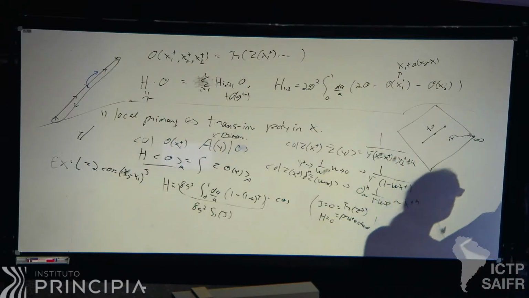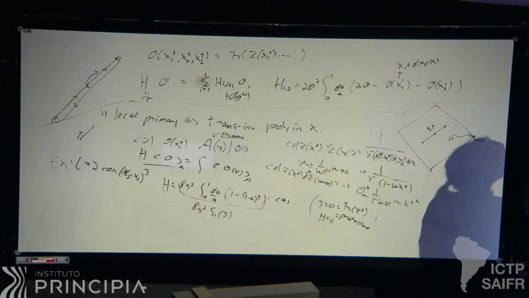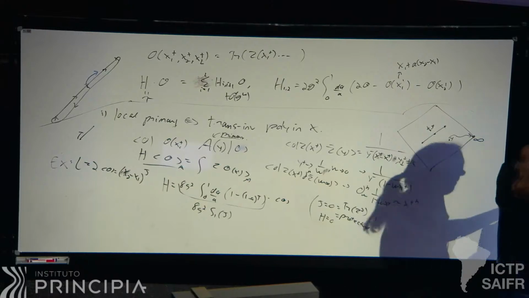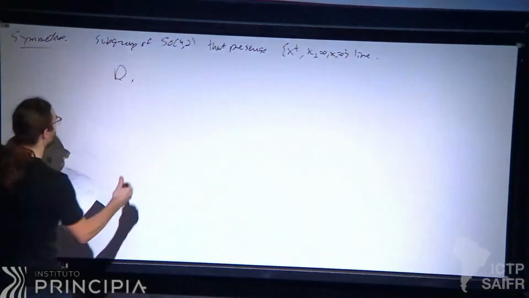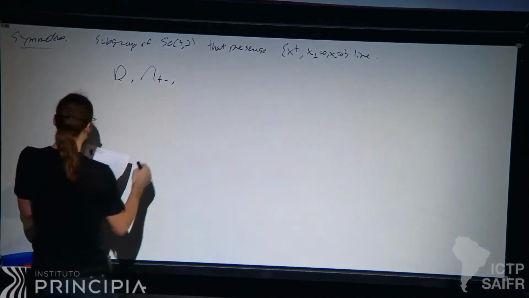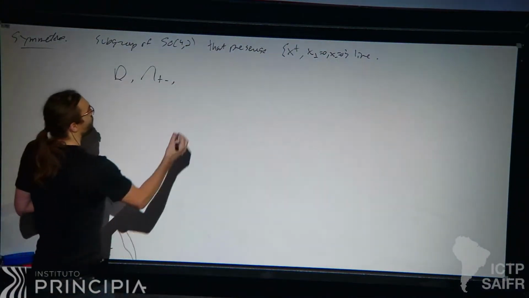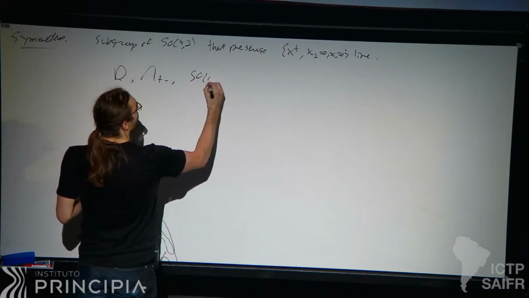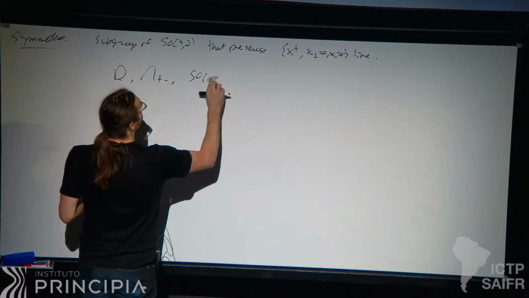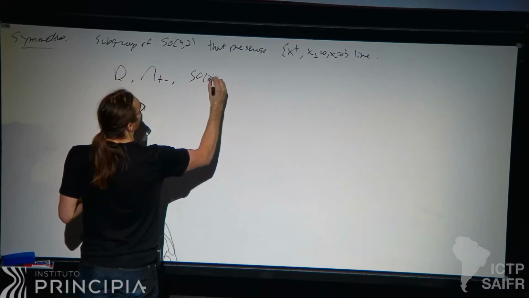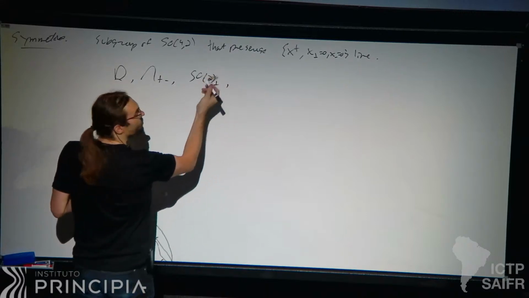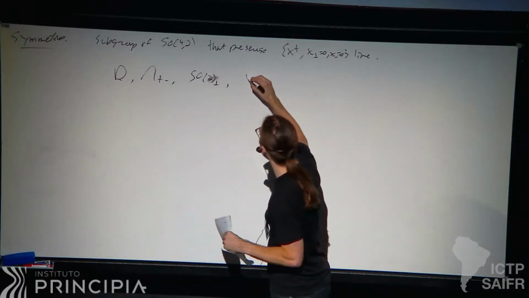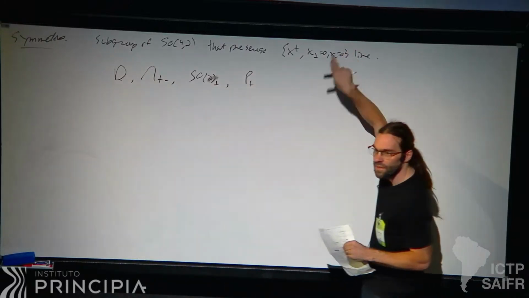And this includes basically the following generators. So of course, dilation, just rescale the line. You have the boost in the plus-minus direction. We have all of the transverse rotations, so here it will be SO(D minus 2) perp, for general D. You can also have translation of the x plus direction.